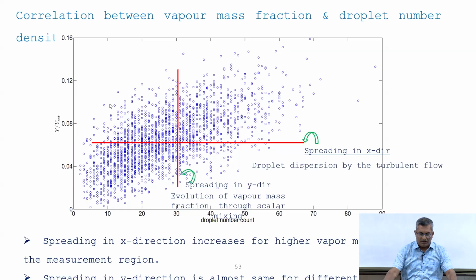But then if you see along, say, this line, here you see that you get the same vapor mass fraction in this location, whether you have 10 droplets or 60, 70 droplets. Now, why would that happen?